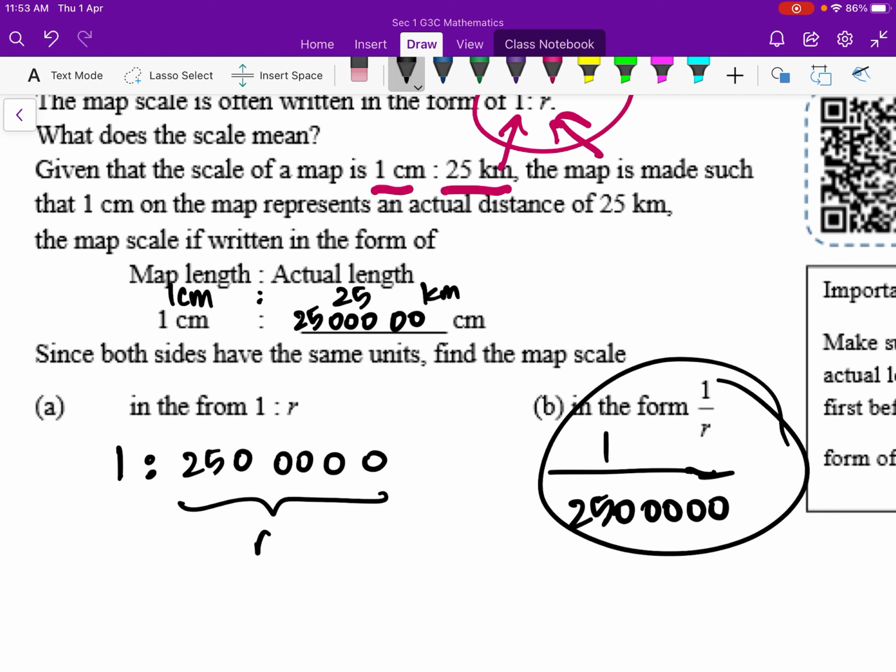Is this bigger than or smaller than 1? Smaller than 1, very much smaller than 1. It means that the image is smaller than the original. So there are two things we are talking about over here, the map and actual. Obviously the reality is the original. The map is what we shrink it to. So the map scale being less than 1 tells us that the original has been shrunk to a smaller map scale.